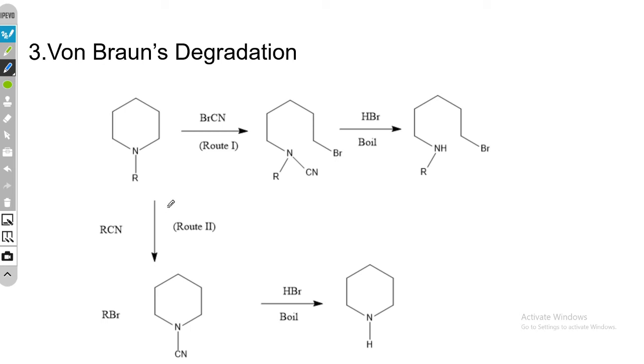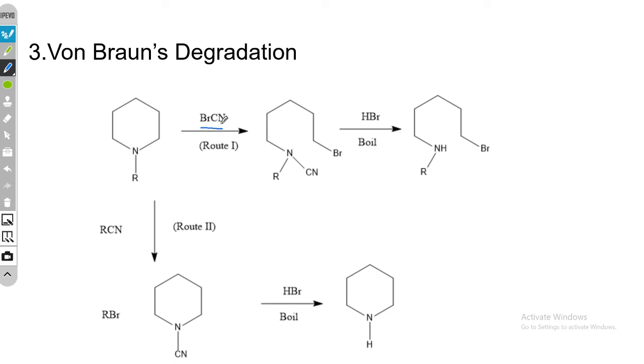Von Braun degradation. These methods are very useful in cases where Hofmann elimination fails, but can also be applied where Hofmann elimination is feasible, because this method provides different information. There are two ways to do von Braun degradation. In the first method, a tertiary amine is treated with cyanogen bromide. This is cyanogen bromide, BrCN. Okay.